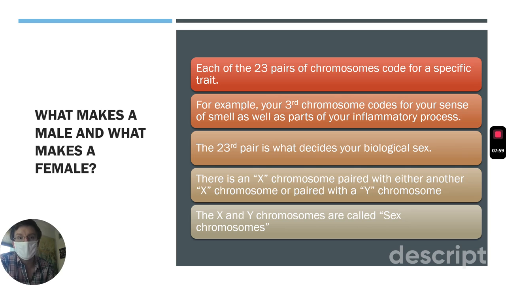The 23rd pair is what determines your biological sex. So, for example, if you are a biological female, your 23rd pair of chromosomes consists of an X and an X. If you are a biological male, you have an X and a Y.